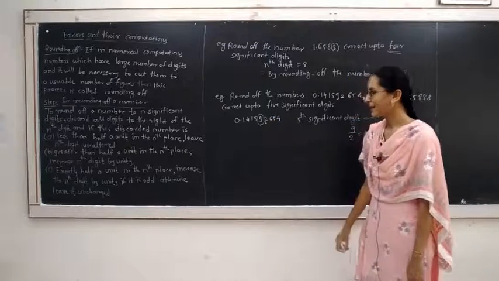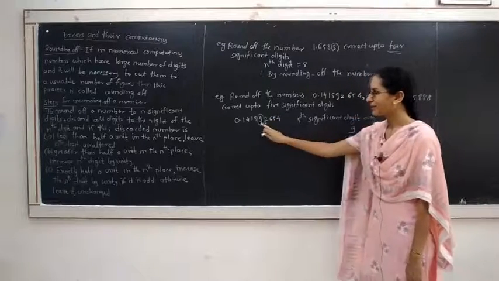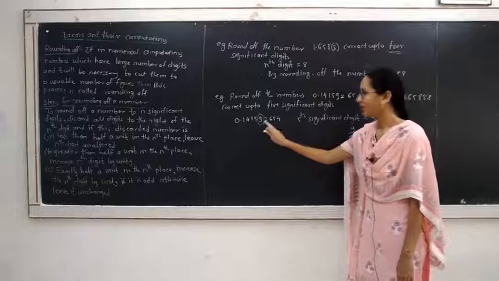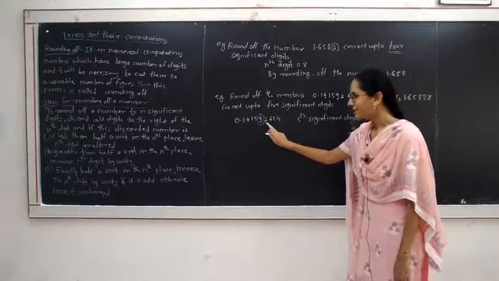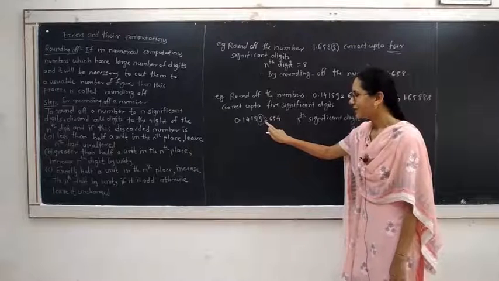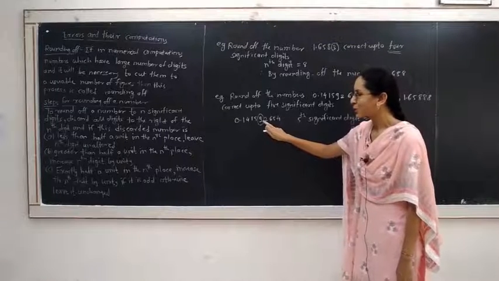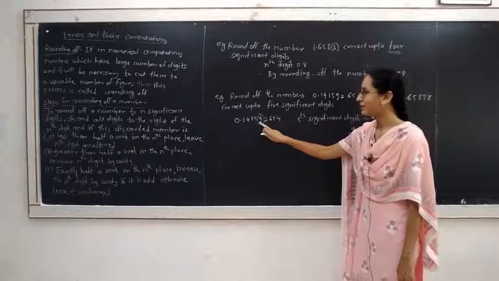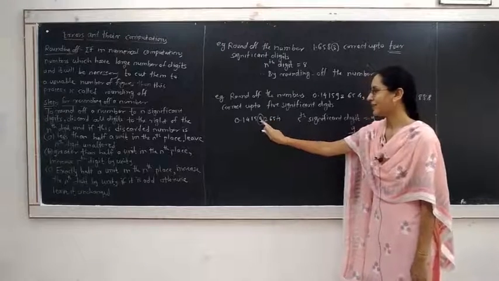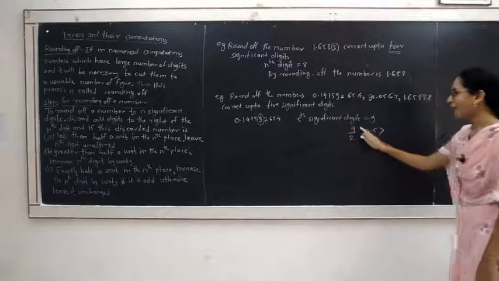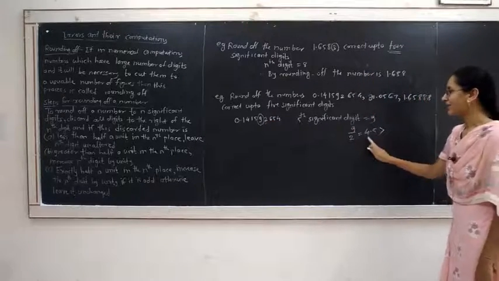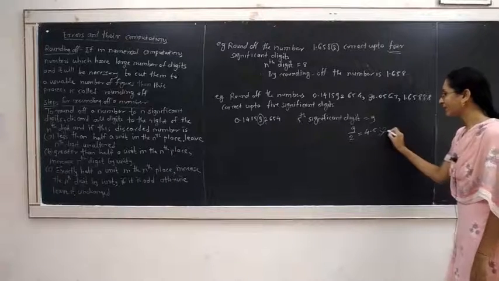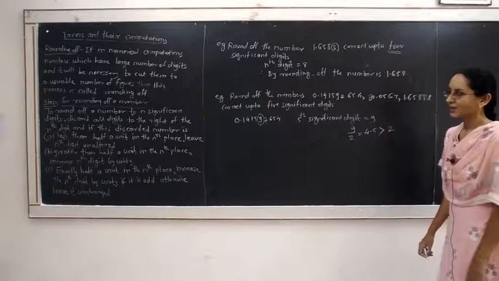The latest discarded number to the right of the 5th significant digit is 2, and this half of the nth significant digit is greater than the discarded number.